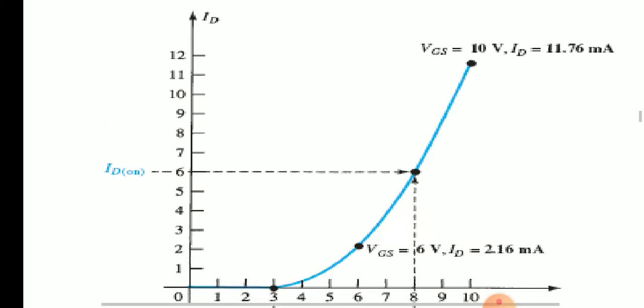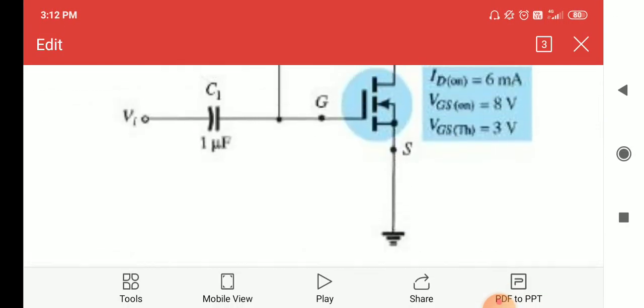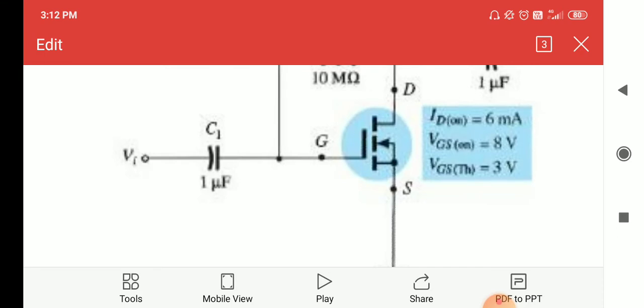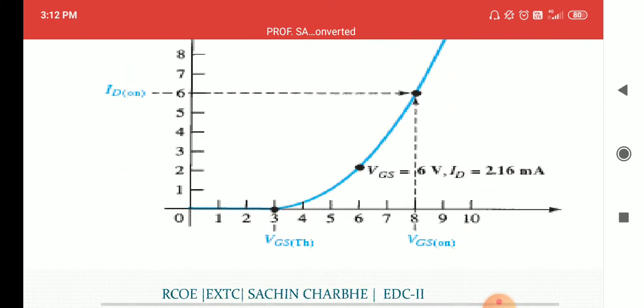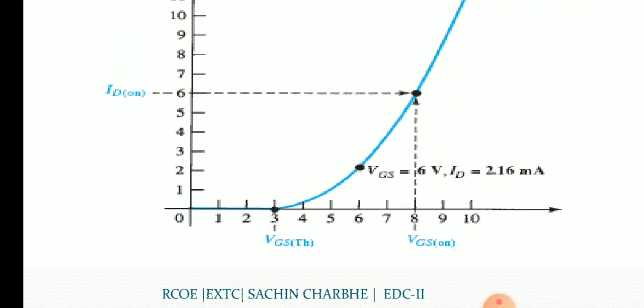Here we have to take the values of VGS: VGS on is 8 volt and VGS threshold is 3 volt. You have to show that it starts conducting at 3 volt, up to 8 volt and onwards also. So at VGS on, that is 8 volt, you will get ID on. At VGS equals 6 volt, ID equals 2.60 milliampere.